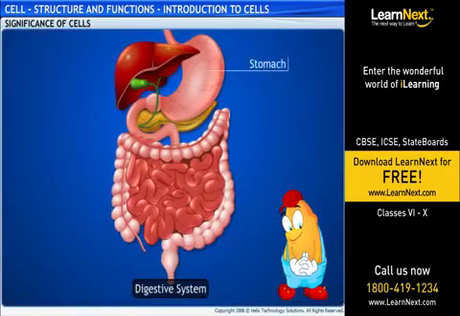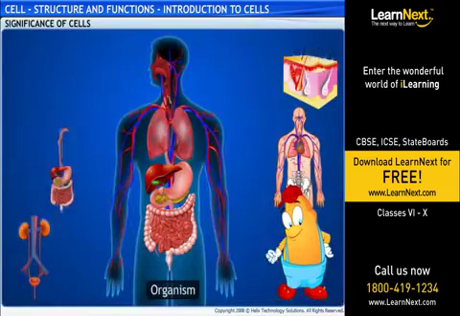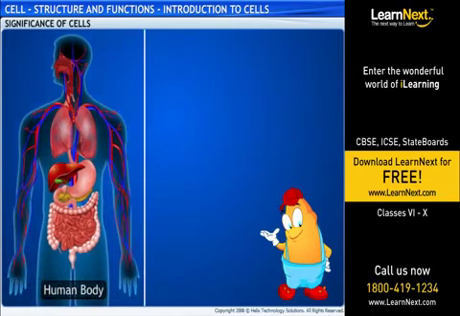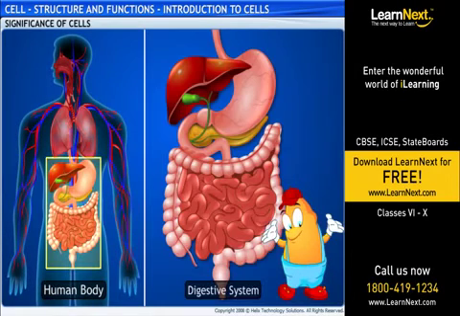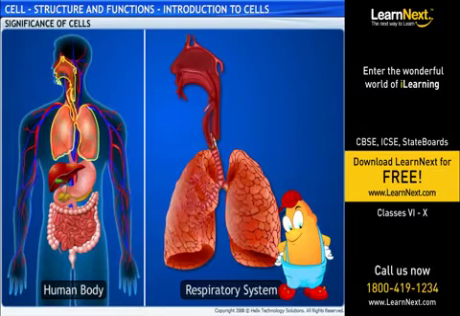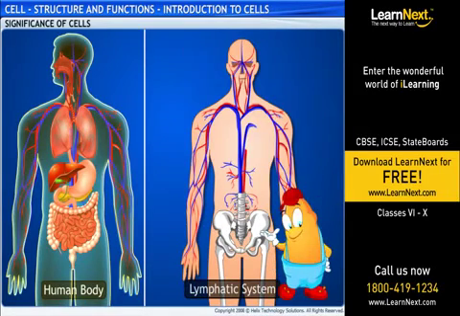Organs like the stomach and the intestine, in turn, form the digestive system. Many organ systems together form an organism. For example, the bodies of human beings consist of digestive system, excretory system, respiratory system, integumentary system, and lymphatic system.